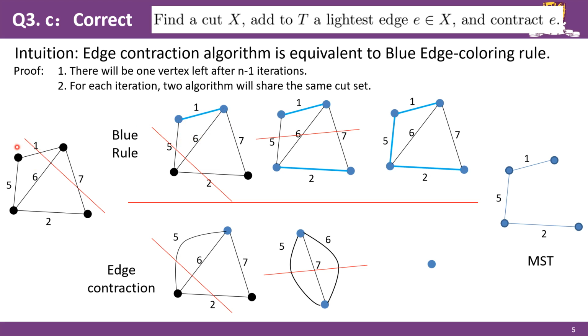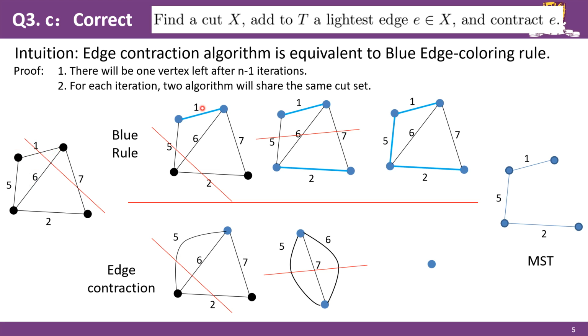So for example, the original cut set in this graph, when none of the edges is colored blue, will be S. And once we have colored some edge blue, then all the cuts that include this edge colored blue will be excluded from the original cut set.